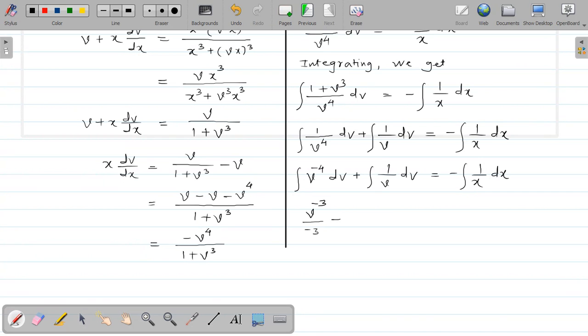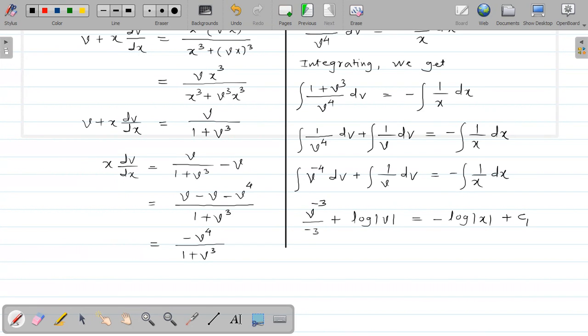Like that, here we get v raised to minus 3 upon minus 3 plus integration of 1 upon v is log of modulus of v is equal to, now on the right hand side it is minus, and integration of 1 upon x will be log of modulus of x. And I have to write the constant here, suppose c1.